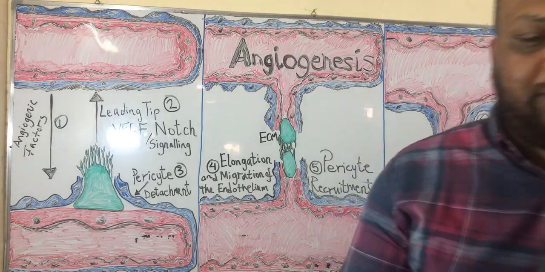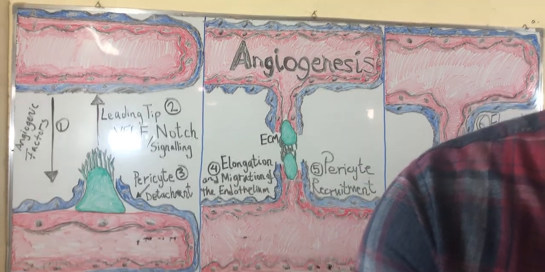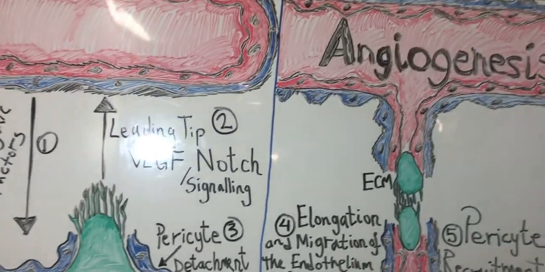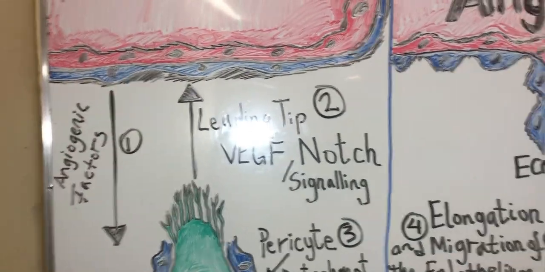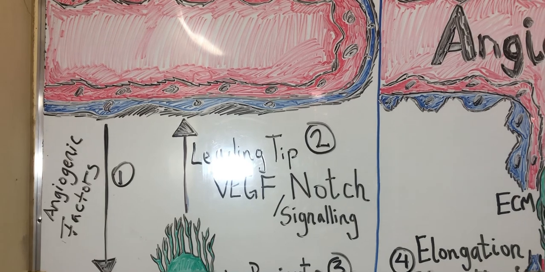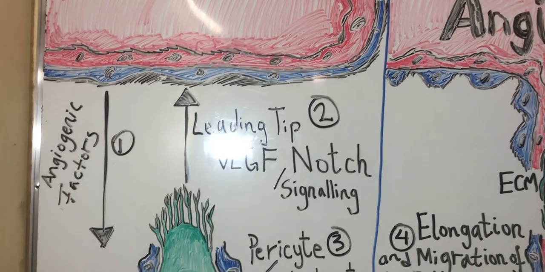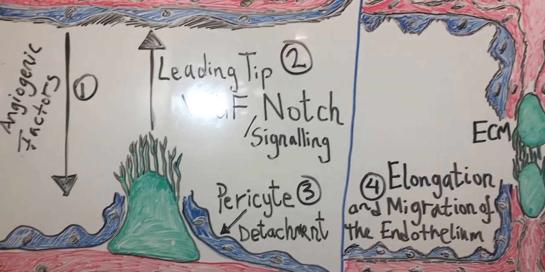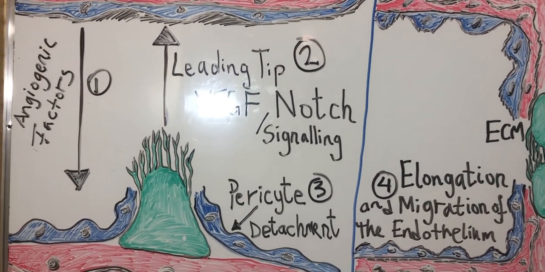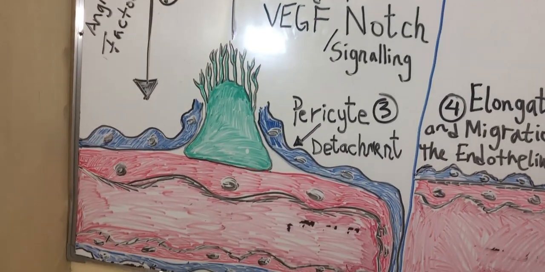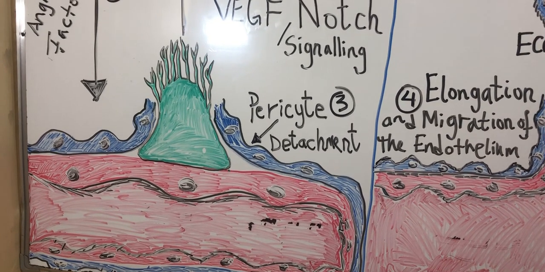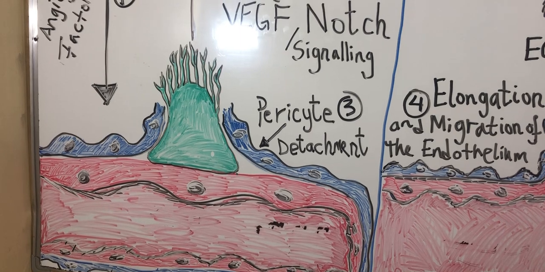So let's look at it from nearby. What do we have here? We have a blood vessel that sent angiogenic factors to the nearby blood vessel, and the angiogenic factors led to the secretion of nitric oxide, which causes vasodilation in that receiving blood vessel.